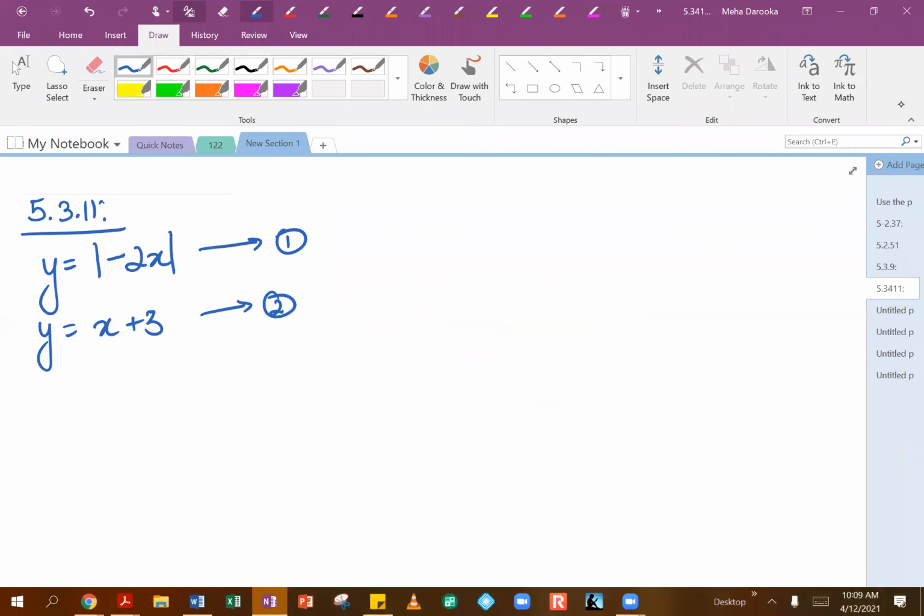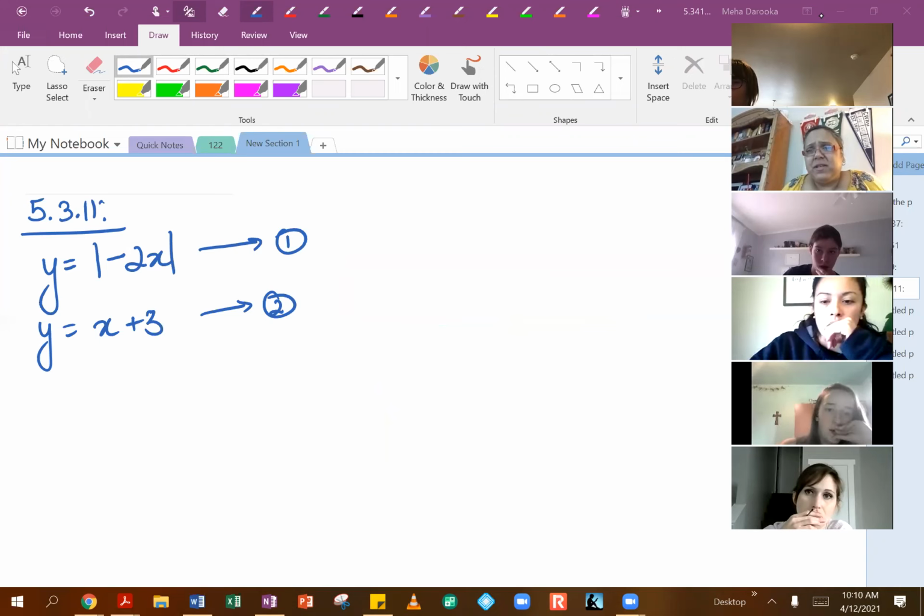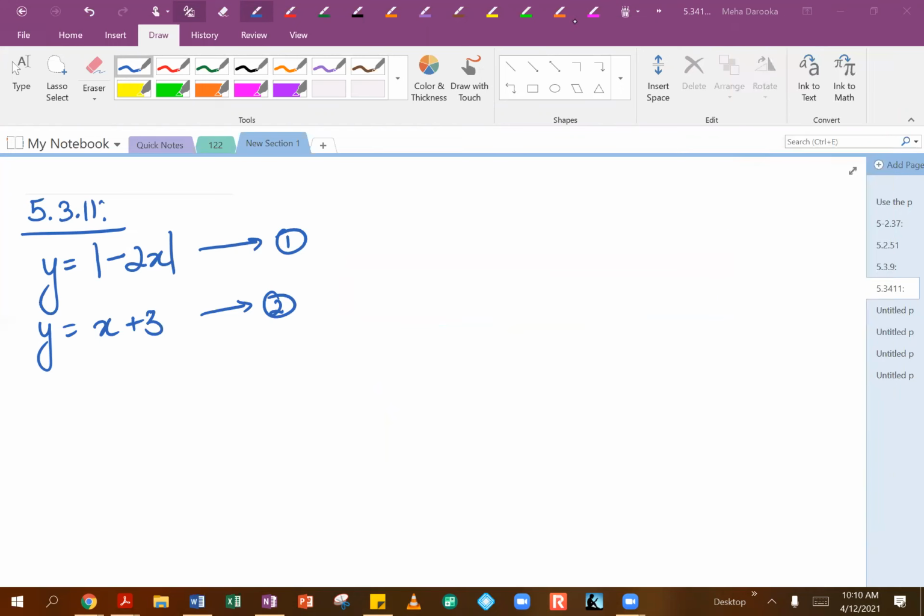Now, in this case, since you have absolute value of negative 2x in that first equation, we again cannot use the addition method to solve this. So we'll use substitution again. What will happen with substitution in this case, guys, is you'll essentially end up setting the two equations equal to each other. Because if I substitute equation 1 into equation 2, I'll be replacing this y value with this expression from our first equation.